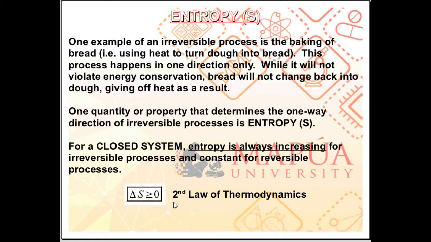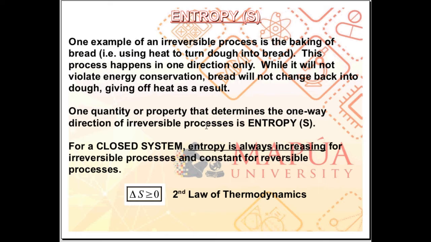We have the equation form of the second law of thermodynamics in terms of entropy. The change in entropy is always greater than or equal to zero, meaning either the entropy is constant, delta S is zero, or the entropy is increasing, delta S is greater than zero.